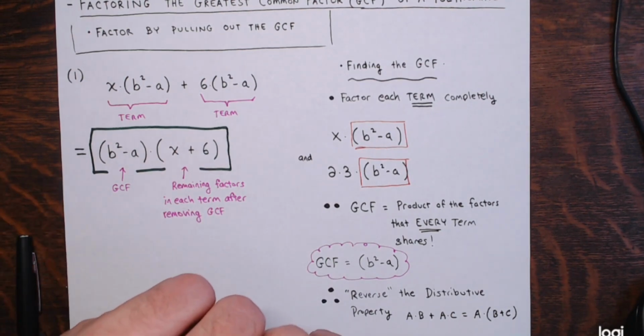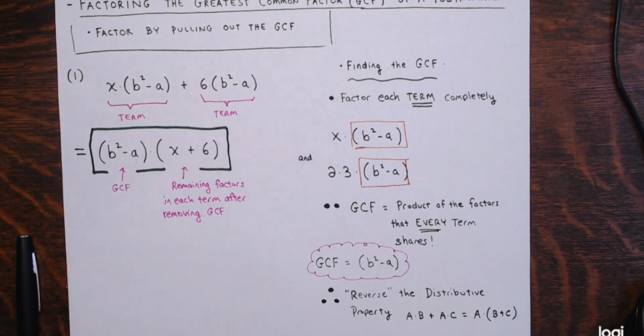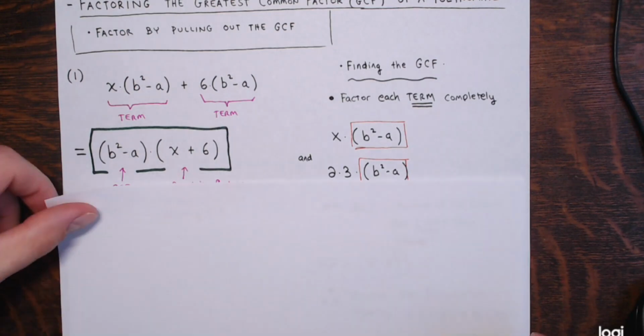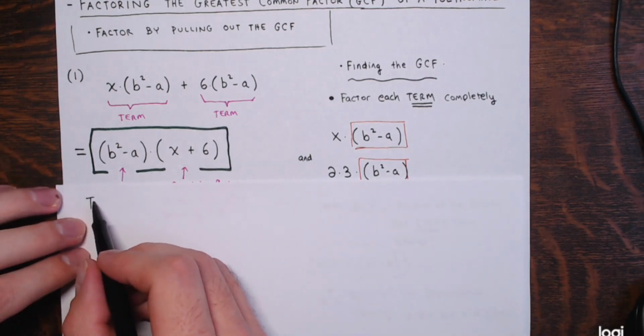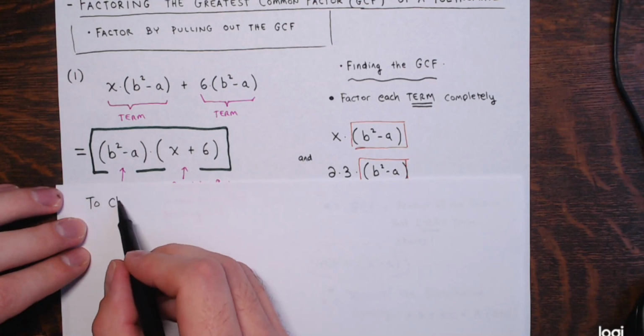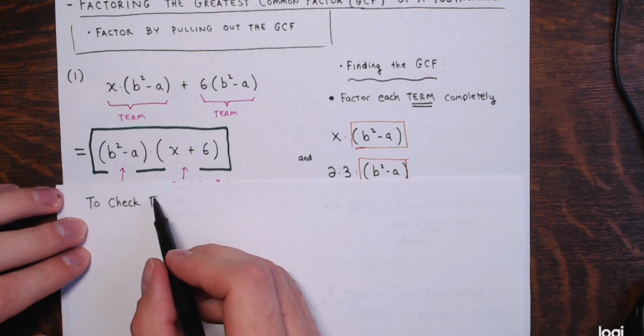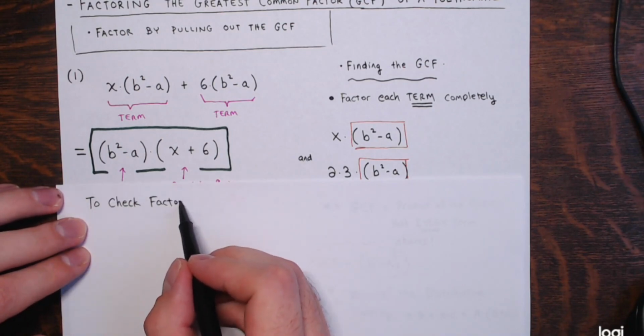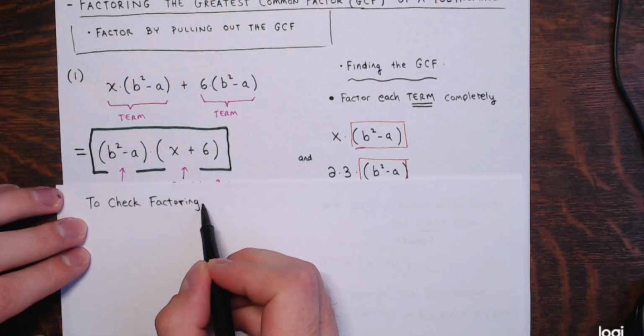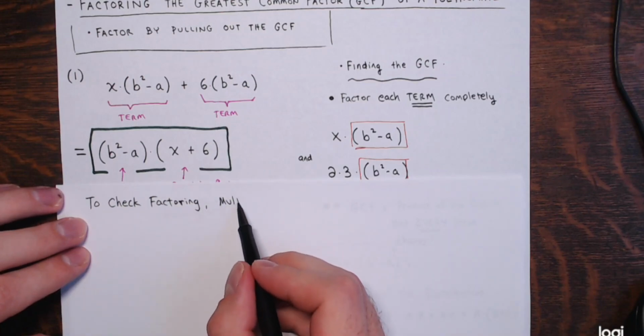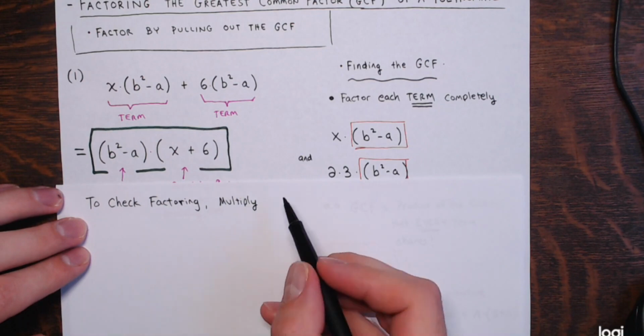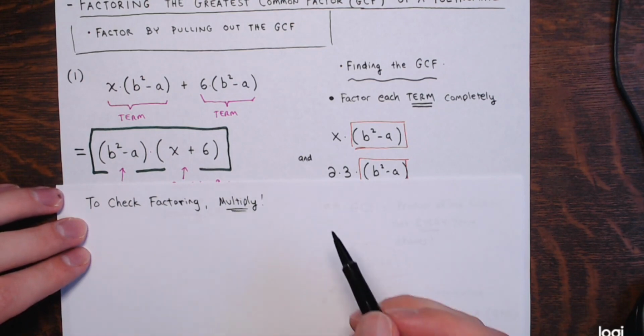Now to check, to check your results, to check factoring, you just multiply. To see if you factored correctly, you multiply and see if you get the same expression that you got in the beginning.